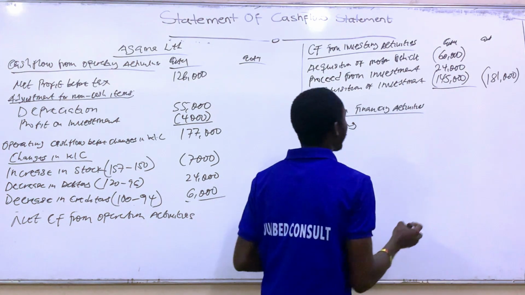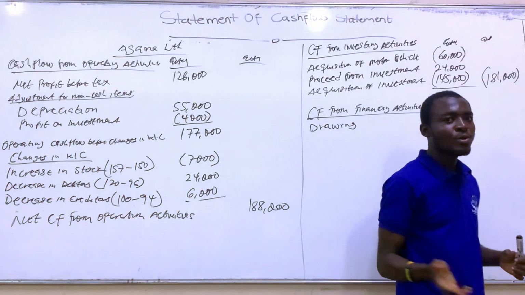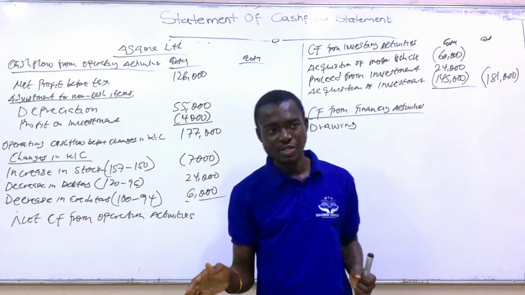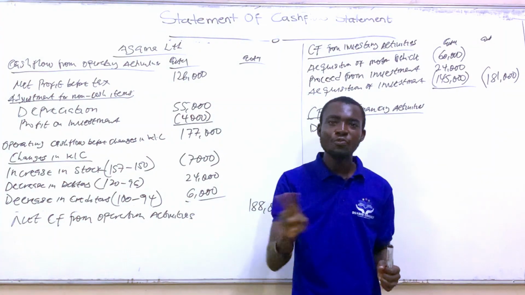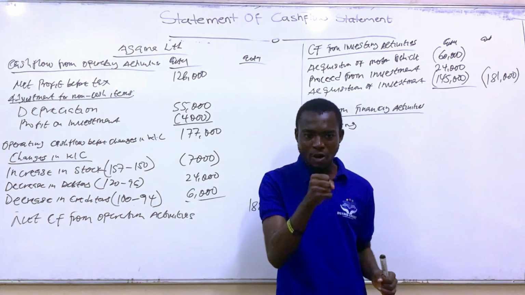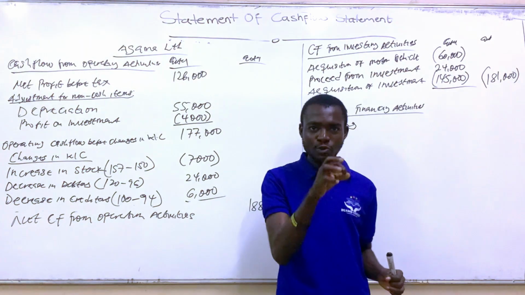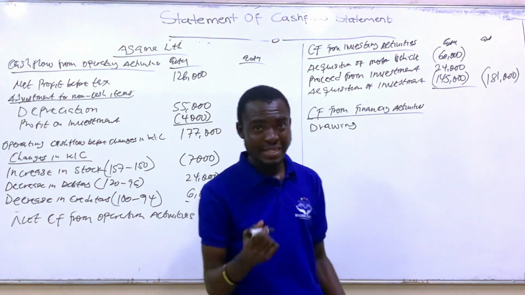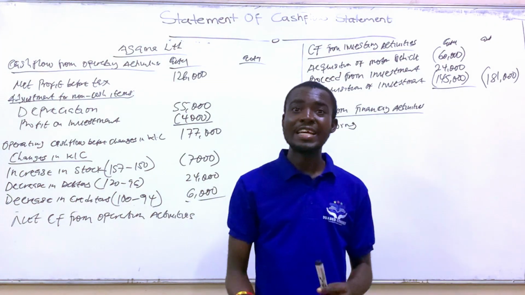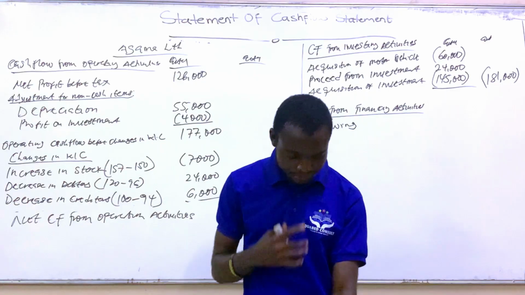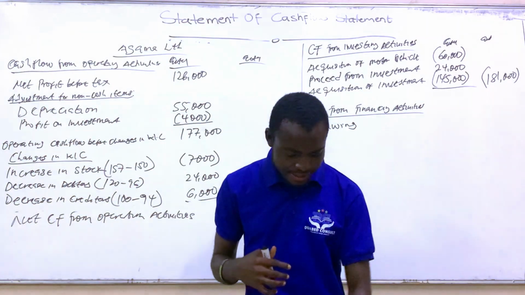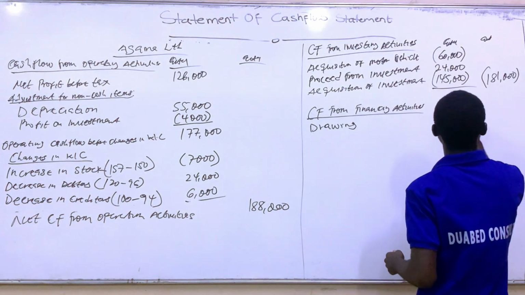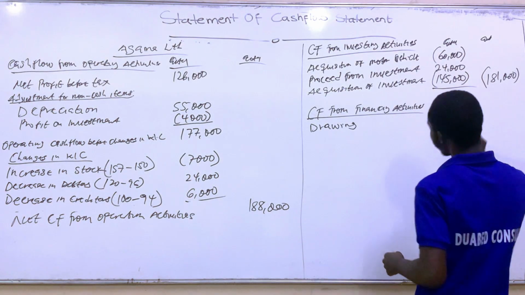But one thing about drawings, although there was drawings for 2007 and drawings for 2008 as well, for drawings you won't find the difference. You only record the actual drawings for that particular year. So since you have a cash flow for 2008, drawings will be the 2008 drawings, which is 76,000.